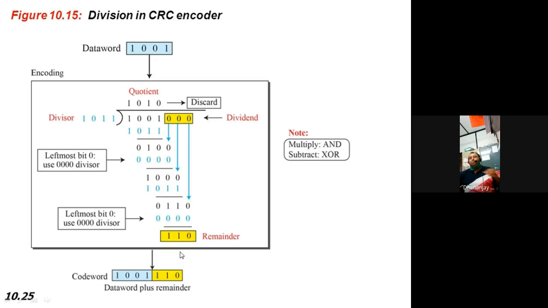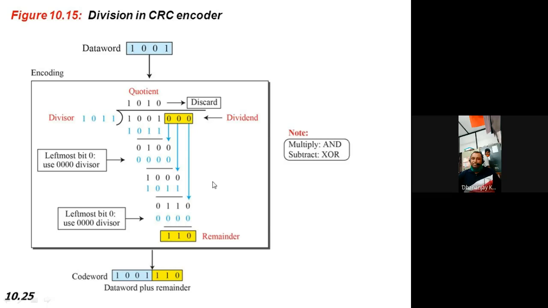But remember, whenever we get involved in actual communication, the data word won't be of 4 bits only. The data word length would be very, very high. That is why if you solve this by the binary method, there are more chances that you make an error.